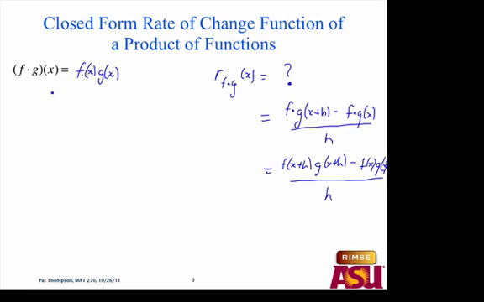Yeah, so if f times g of x is just f of x times g of x, then f times g of x plus h means our new input is x plus h. So it's just the product of the functions with the new input x plus h.